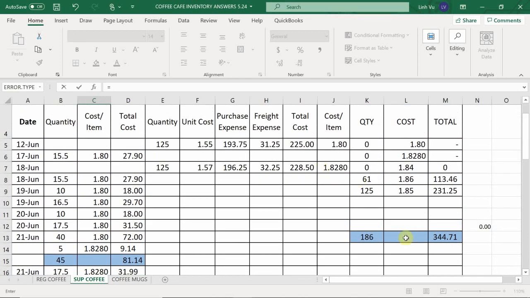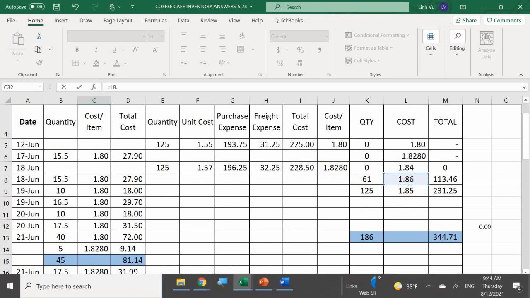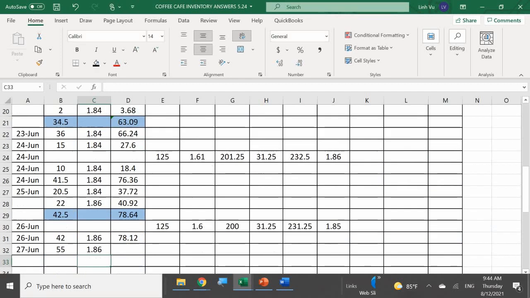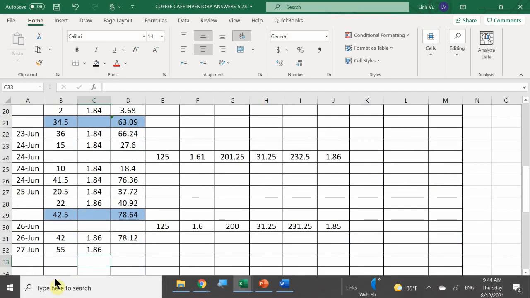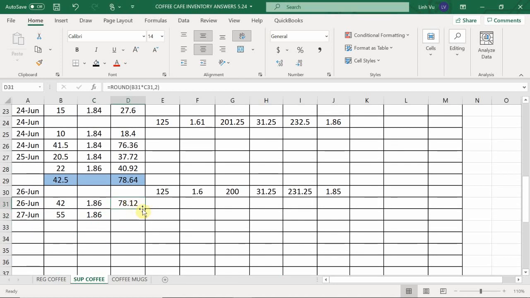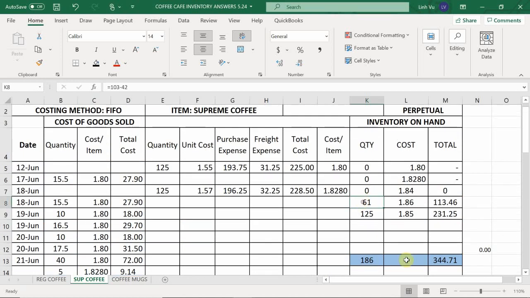We're going to use the batch that's $1.86, with a total cost of $102.30. So now we need to adjust our inventory on hand. We'll do the 61 minus the 55, which gives us a total of 6 at $1.86.